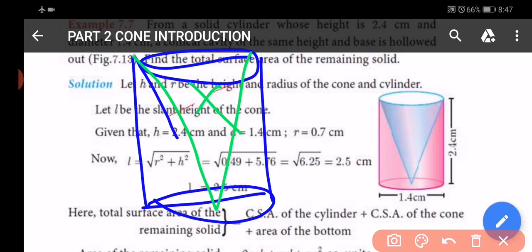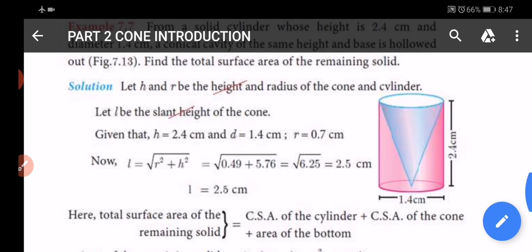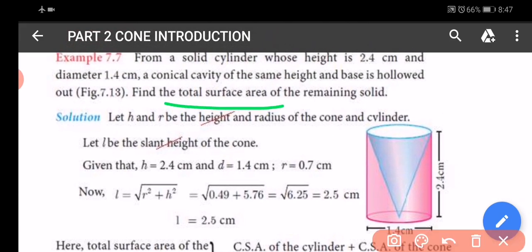The conical shape is cut into the cylinder. Then find the radius, find the total surface area of the remaining solid.